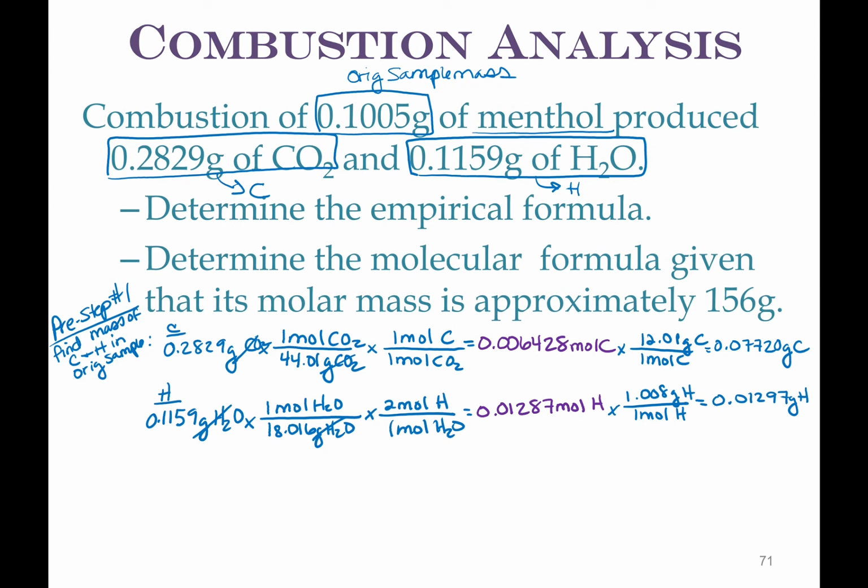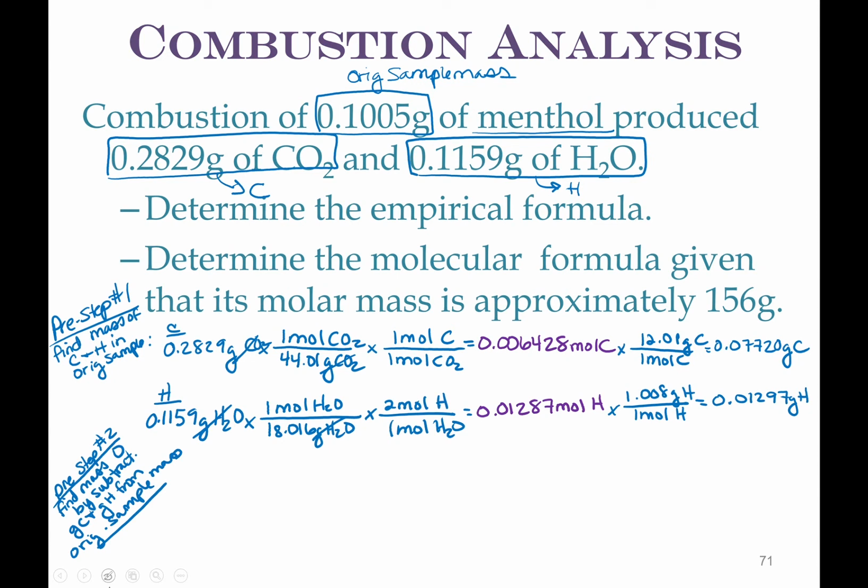All right, so then pre-step number 2 is find the mass of oxygen by subtracting the mass of carbon and mass of hydrogen from the original sample mass.